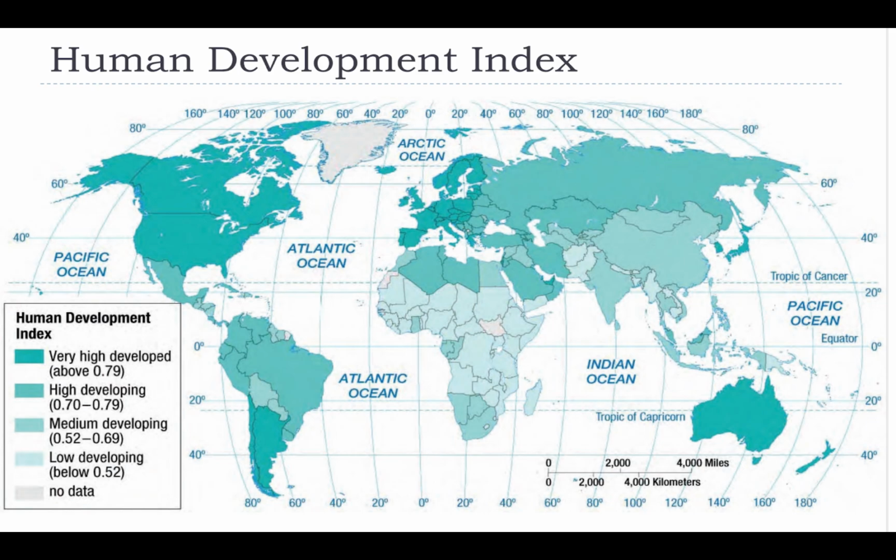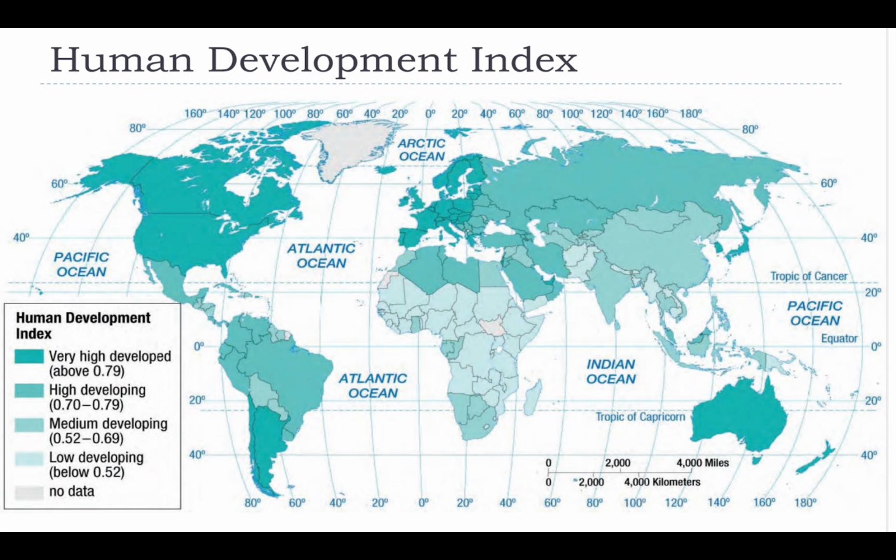Although those aren't commonly used today in text, we look at classifications such as very high developed, which are found in core regions, which we'll talk about later in Rostow's and Wallerstein's model, such as North America, Western Europe, and Australia and Oceania. The high developed regions are going to be those that are in DTM Stage 3, which we learned from Unit 2.